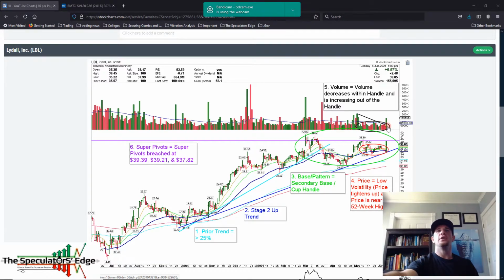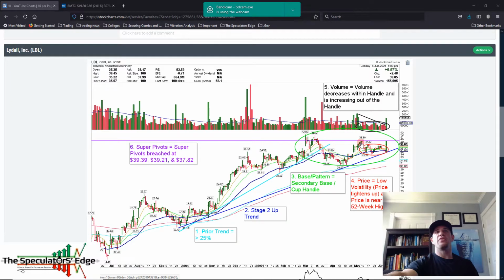And so the next thing is I'm looking for the super pivots, and as a matter of fact, there are actually several super pivots right here, and they've all been breached. One super pivot is right here on this gap at $39.39 at the close. That's a really good point to be buying at when that's cracked.